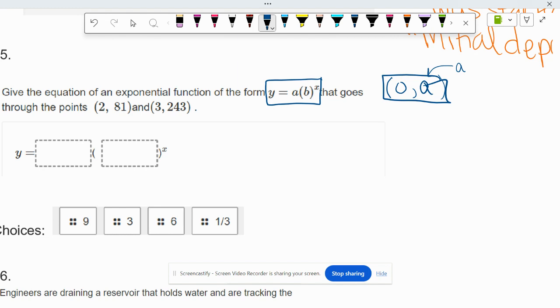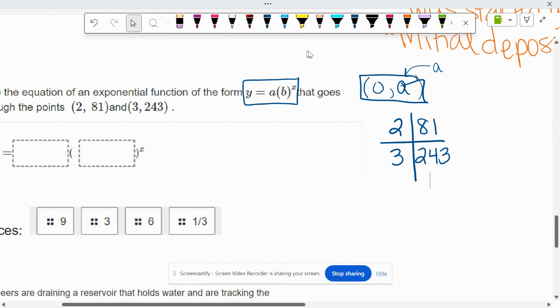Okay. So if we can't find A from our ordered pair, what do we have to find next? B. We did this with geometric sequences and with exponential functions. I'm going to write my two ordered pairs like they're in a table. I have the ordered pair 2, 81, and I have the ordered pair 3 and 243.